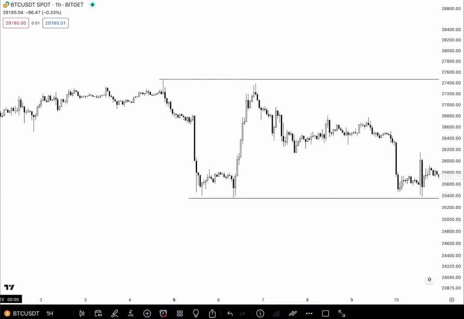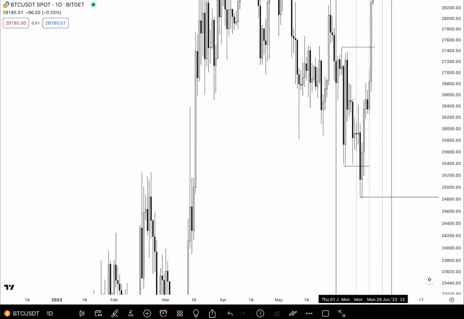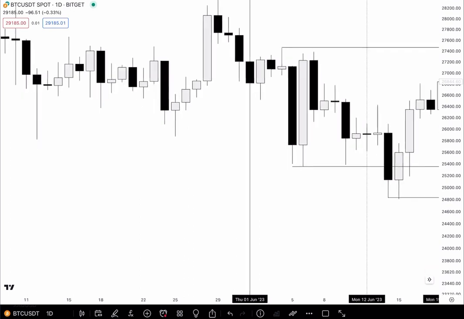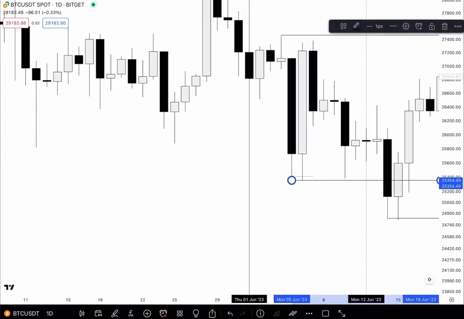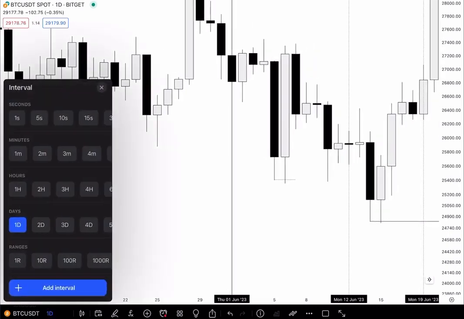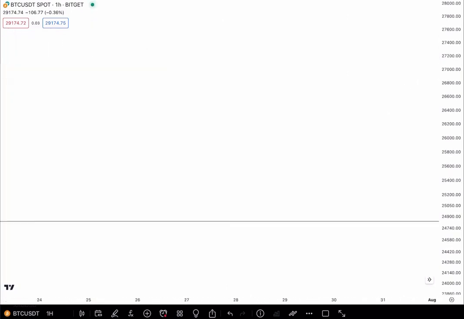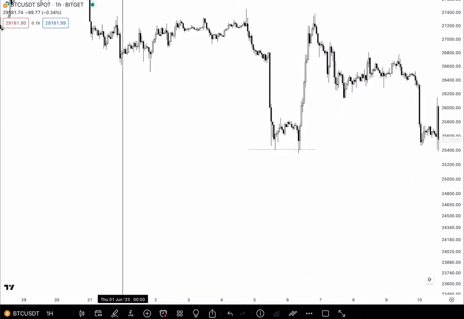Now, why was that? Again, the same exact idea. You have this higher time frame candle. Candles are ranges. So if a candle is a range, I'm looking at the low of the higher time frame candle, which is a range, for a range to form at the low of the higher time frame candle.